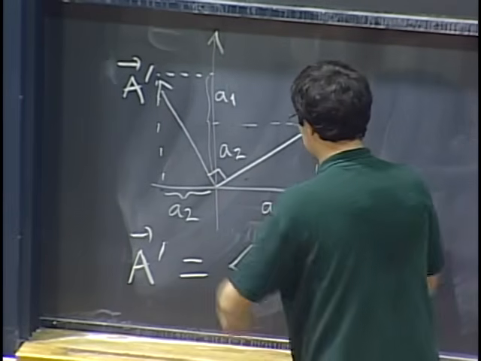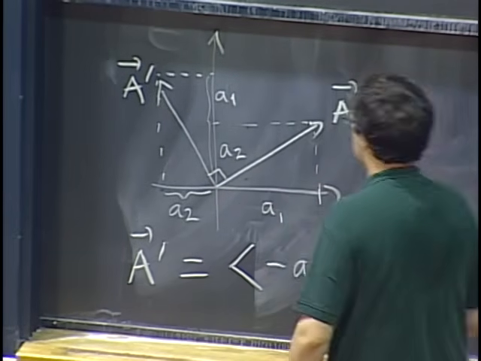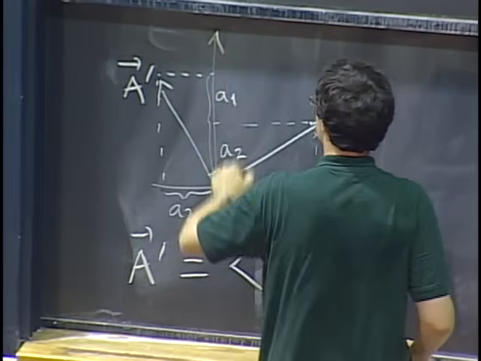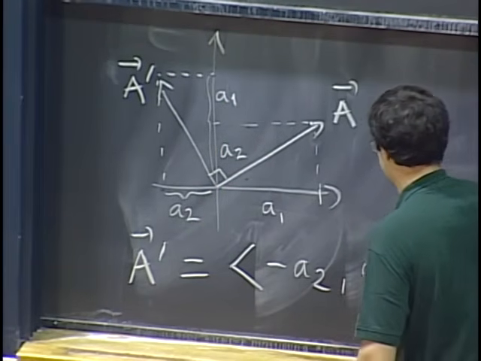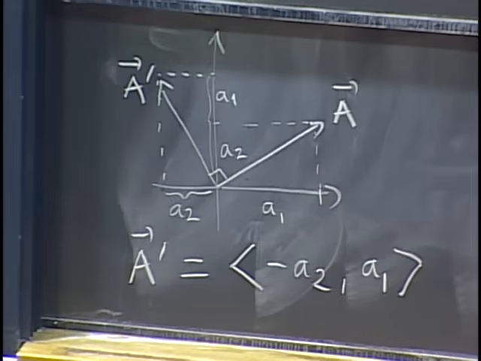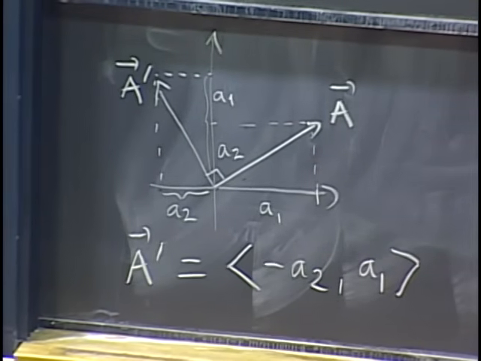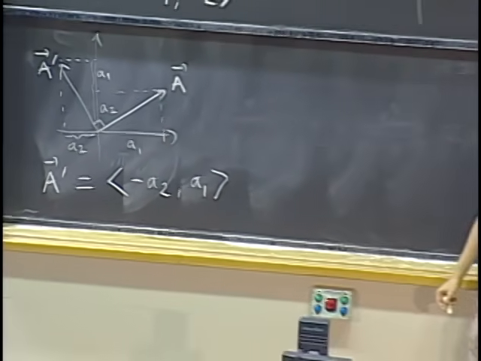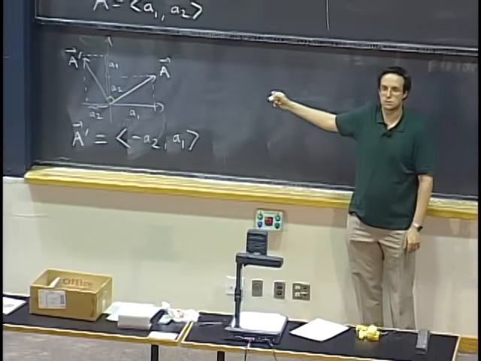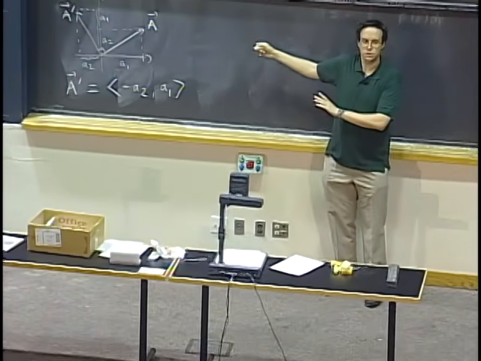So actually, it's minus A2. And the y component is going to be the same as this guy, so it's going to be A1. If you wanted instead to rotate clockwise, then you would do the opposite. You would do A2, minus A1. Okay. Is that reasonably clear for everyone?